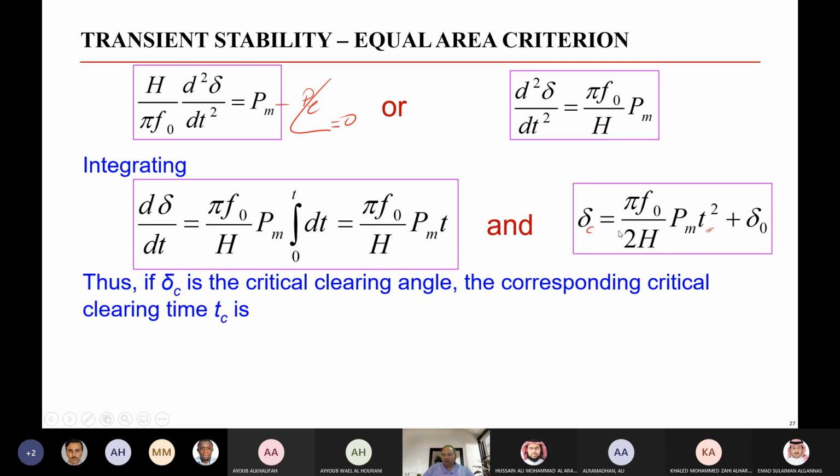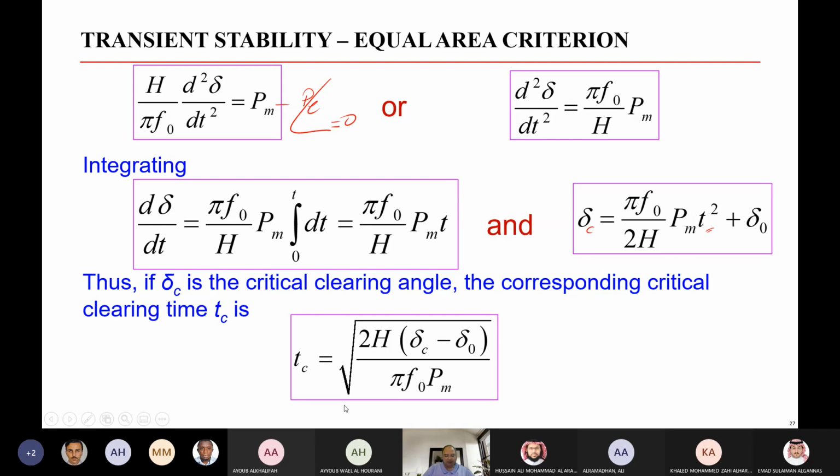All this is in radian: delta is in radian, delta 0 is also in radian, so you can get the time in seconds. This is the closed form solution, and our problem is clear and simple. We have here a closed form for tc. You can just substitute and get it.